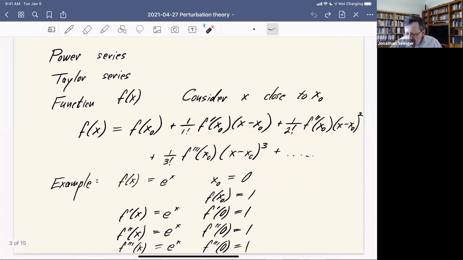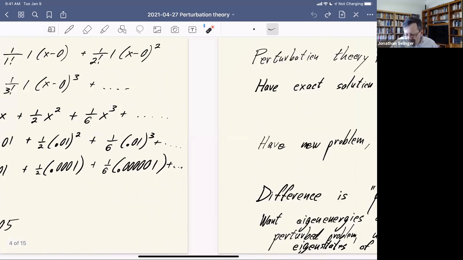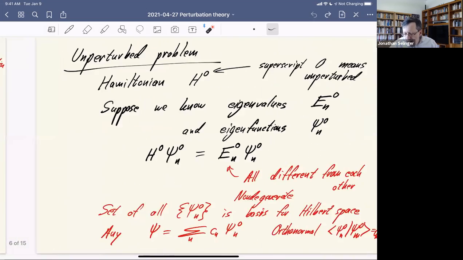In this math problem, we have an automatic procedure for making the series. That is, the Taylor series formula tells you how to construct each of the terms. Now we're going to do the same kind of thing for a quantum mechanics problem, but now we have to do it in a manual way.